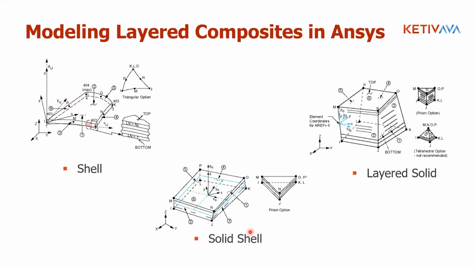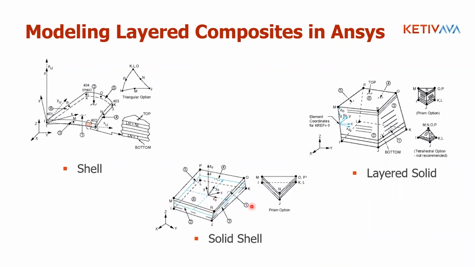We also have a solid shell. So for the solid shell, the formulation is basically the same as a shell element, where the translational degrees of freedom are the translational degrees of freedom, but the rotational degrees of freedom would be a combination of the relative translational displacements on the nodes on different faces.